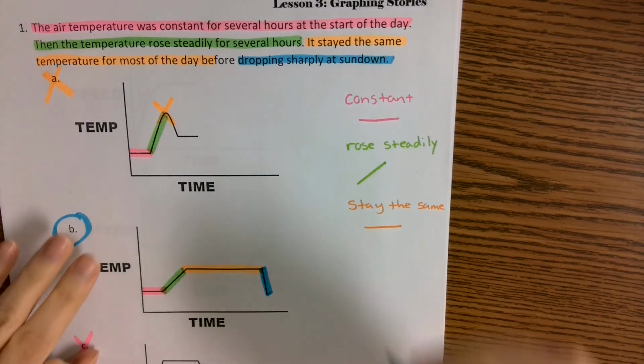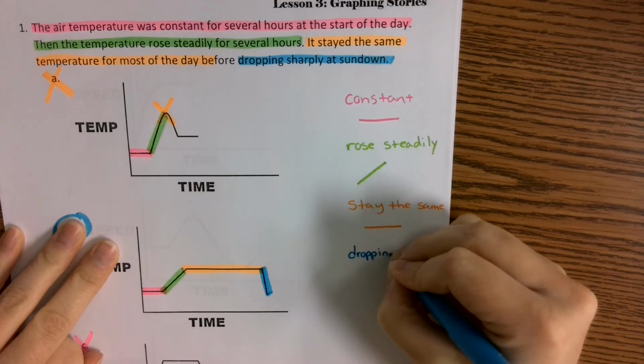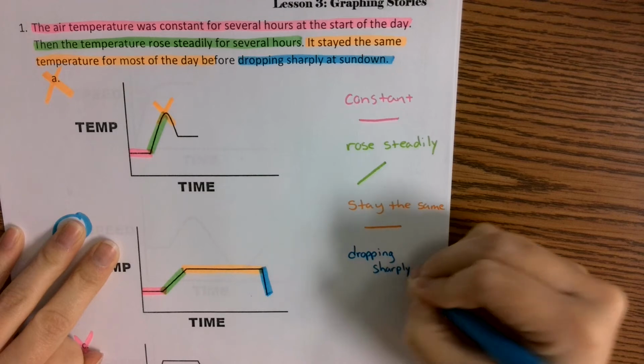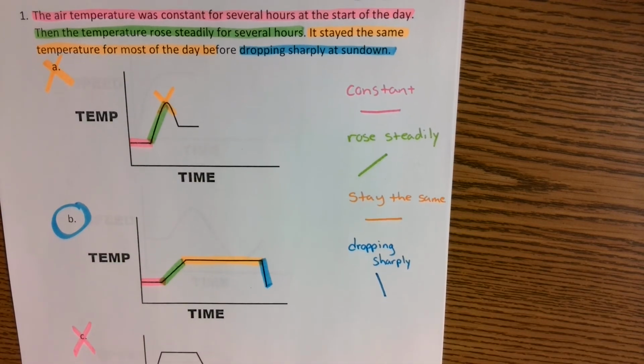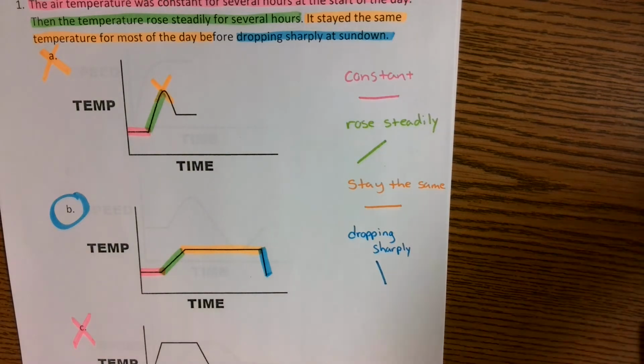And then, of course, when we see a sharp drop or dropping sharply, that's a vertical straight down almost. Very steep, a steep decline. So go ahead and get those written down and then flip on over to the back of your page.